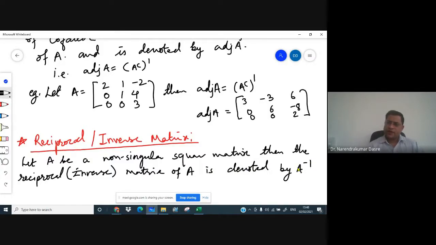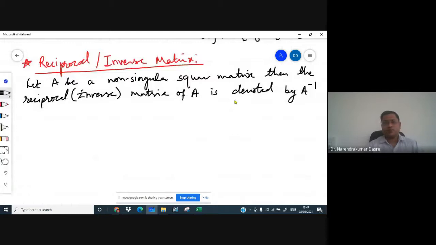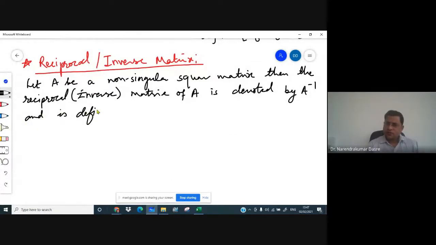We don't read it as A raised to minus 1; we write A raised to minus 1, but we read it as A inverse. It is defined as 1 upon determinant of A into adjoint of A.